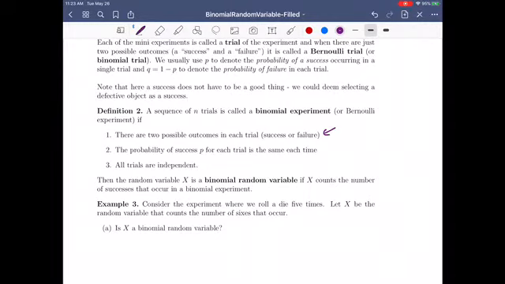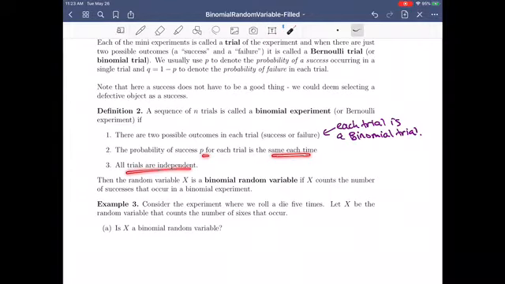That means each trial is a binomial trial. The probability of success, p, is the same in each trial, so it doesn't change. And the trials are independent. Now if p is the same each time, then that usually means the trials are independent. But those are the three conditions that make a binomial experiment.